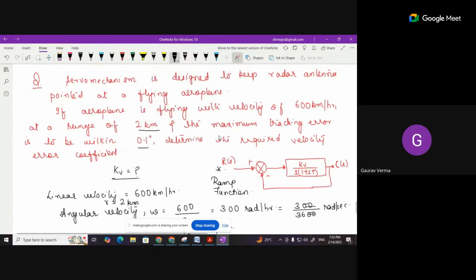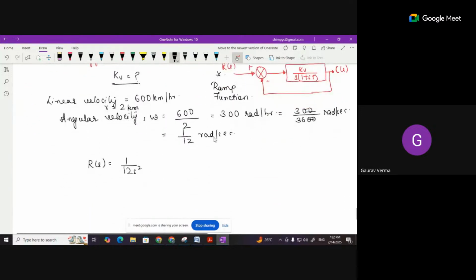But that aeroplane goes in a straight line, so can this angular velocity be constant? Since the aeroplane is moving with constant velocity, that's why we are taking R(s) as a ramp function, right?